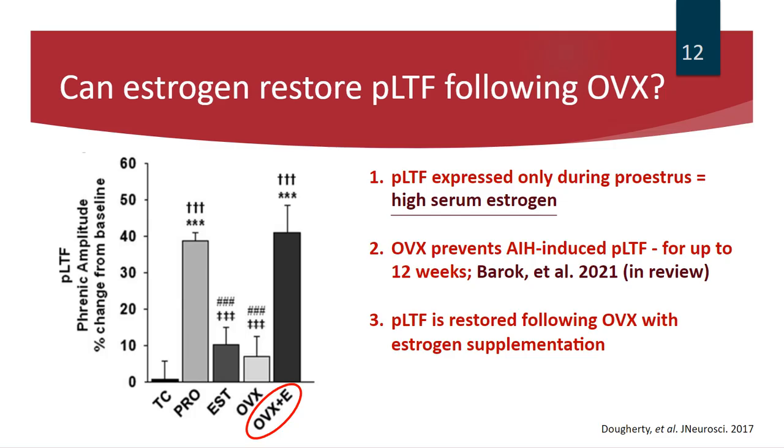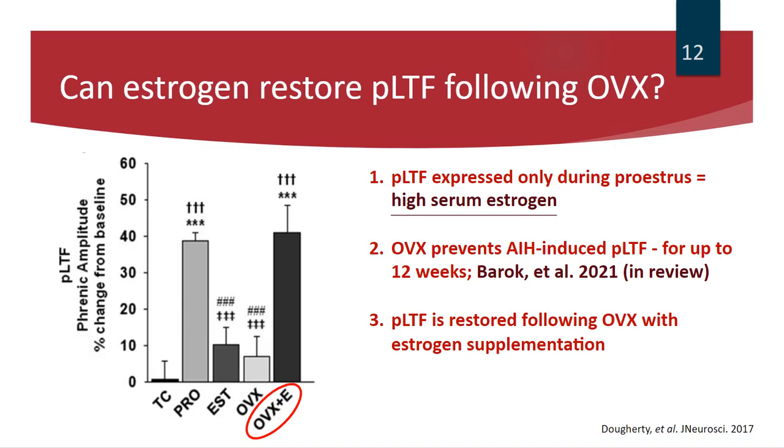So the takeaway here from these groups of studies was that phrenic long-term facilitation, a form of inducible neuroplasticity, was expressed only during the proestrus stage of the estrus cycle, which is notable for high levels of circulating estrogen. Removal of the ovaries and subsequent reduction in estrogen levels impaired our ability to induce this phrenic long-term facilitation. This study showed that that occurred after 1 week.